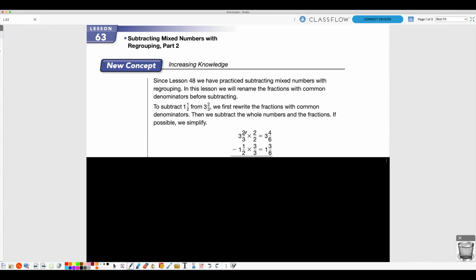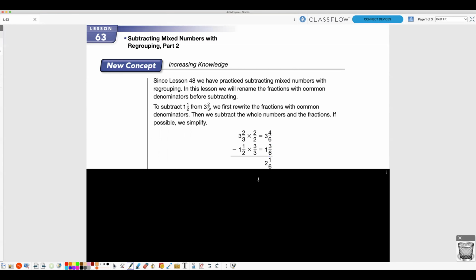So 3 2/3 is an equivalent mixed number of 3 4/6. 1 1/2 has an equivalent mixed number of 1 3/6. Now we can subtract these mixed numbers because they have equivalent denominators, which is 3 minus 1 equals 2, and 4 minus 3 equals 1 is the numerator, and the denominator stays 6.